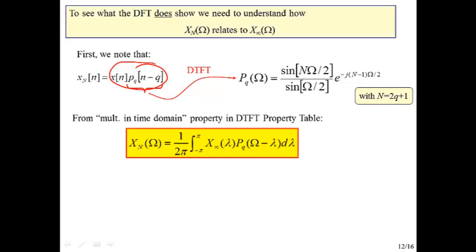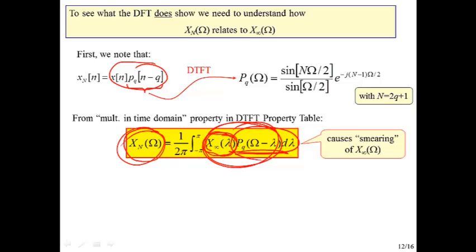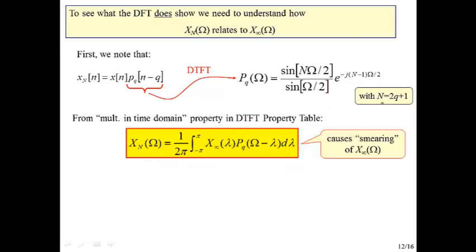So what we can see is the relationship between this thing, we can compute points on that, and this thing, which we really want to be able to see. The thing we want to see kind of gets all smeared up with this function to give us this one. And if we understand what that smearing does, we have a better idea of how this all works.